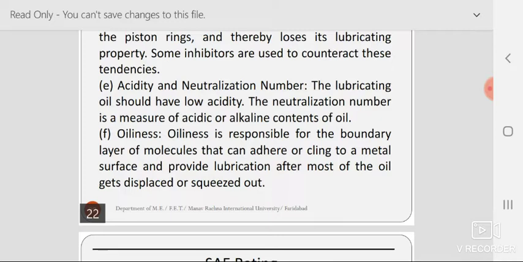Oiliness gives the fluidity character of the oil. Less the oiliness, higher the viscosity of the fluid. And I am telling again and again, high viscosity is dangerous for a lubricating oil. It should not be highly viscous. Highly viscous means high power requirement. Highly viscous means less fluidity, so less circulation. Lots of problems. So, viscosity of the oil should always be at a lesser point. But it should not be too less. Too less viscosity is also bad.